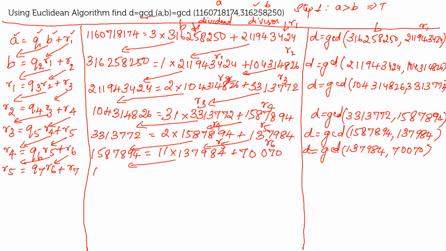So after shifting you will be getting 137984, which will be equal to, you will be getting the new quotient as 1. 1 into 70070, and the new remainder will be equal to 67914.